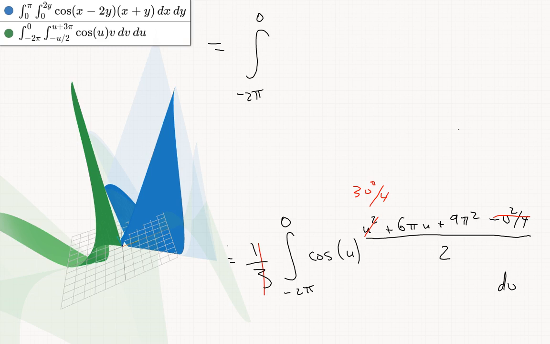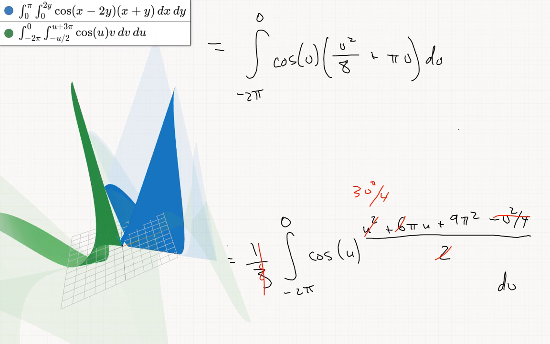So that is the integral from negative 2 pi to 0. This becomes 3u squared over 4, but then we can divide out the 1/3.